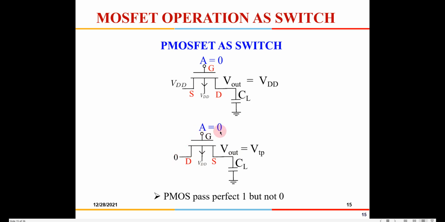Okay, by applying A equal to 0 here, now this capacitor has to get discharged to 0, but it cannot get discharged to 0, because the moment this output voltage reaches VTP, which is nothing but the threshold voltage of this PMOS, then this transistor will get switched off, because for this transistor to remain on, VSG has to be greater than the threshold voltage of the PMOS. Okay, so that is the reason. So it cannot transmit a 0 properly. So PMOS passes a perfect 1, but not 0.